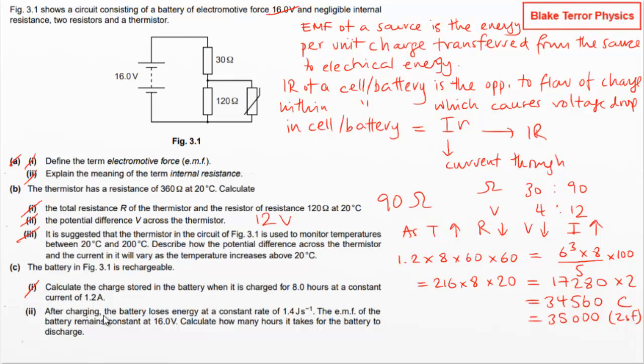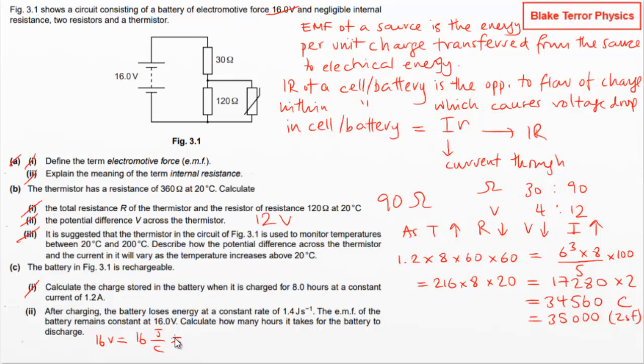Right. After charging, the battery loses energy at a constant rate of 1.4 joules per second. EMF of the battery remains constant at 16 volts. Right, so we want to see how much energy we've got. So 16 volts, this is our 16 joules per coulomb. So if we multiply that by coulombs, we get joules. Then we need to divide by our joules per second in order to get seconds.